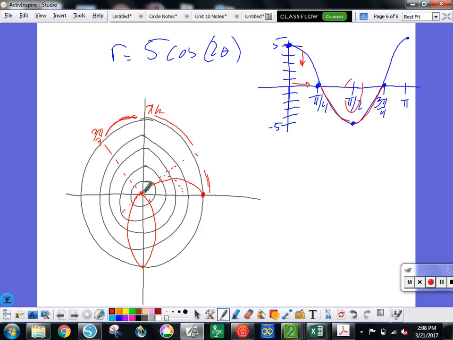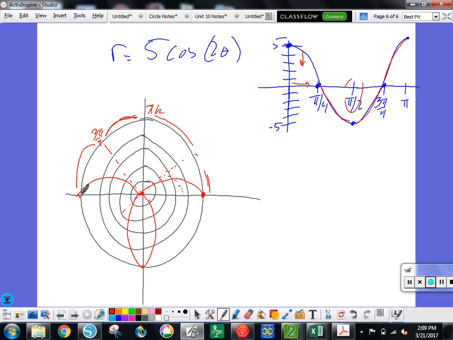Okay. Is everybody there with me? Okay, we're still going. Now we need to go from 3 pi fourths to pi. Notice all my radii are positive again, so therefore I'm going to be creating this look. Now, that's the end of my cycle.